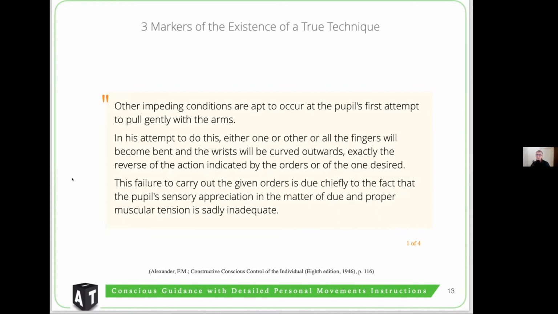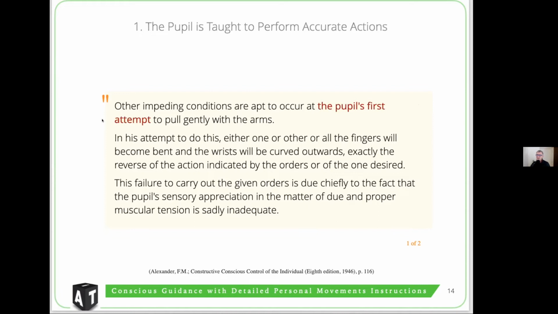So, three markers of the existence of a true technique. Well, the first one is discovering that, of course, we are asking something of the pupil. Very often in the modern Alexander technique, the pupil's responsibility is taken away from him. It's the teacher that is going to produce the new organization.